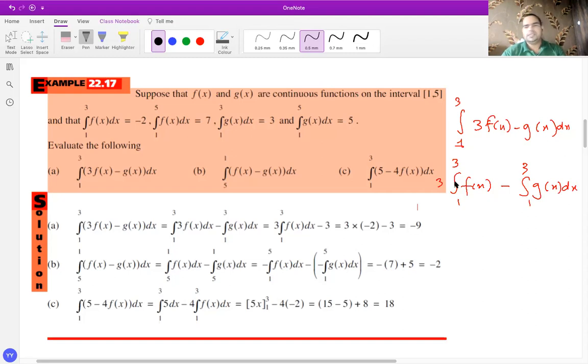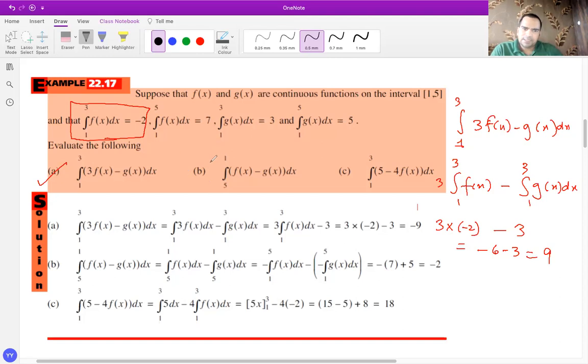If I look at the integral of 1 to 3 of f of x, this value is -2. So it'll be 3 times -2 minus the integral of 1 to 3 of g of x. That is nothing but 3. So it'll be 3 times (-2 minus 3), which is -9. That's the value of the first integral.